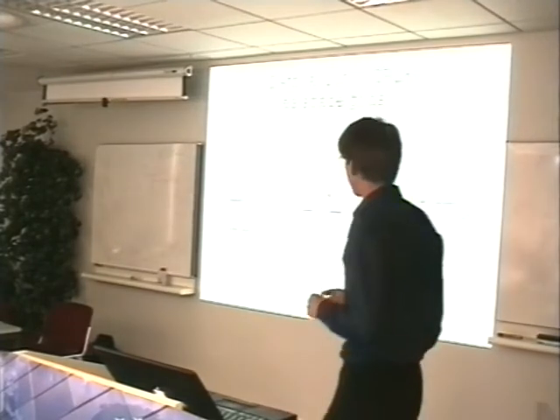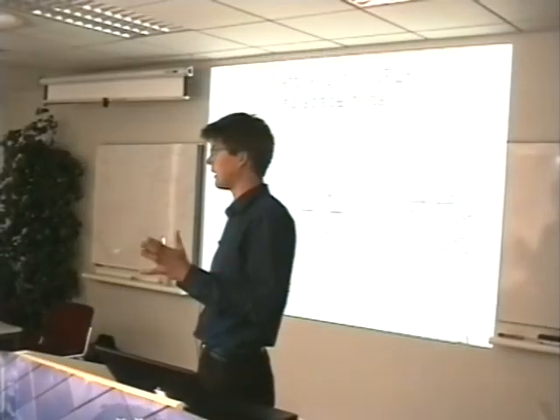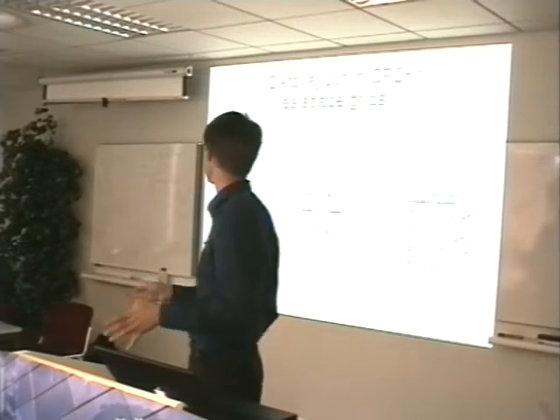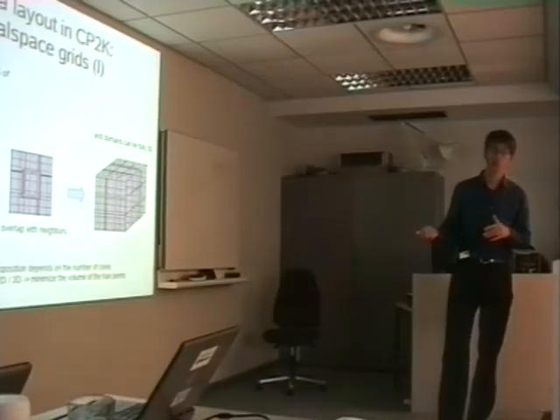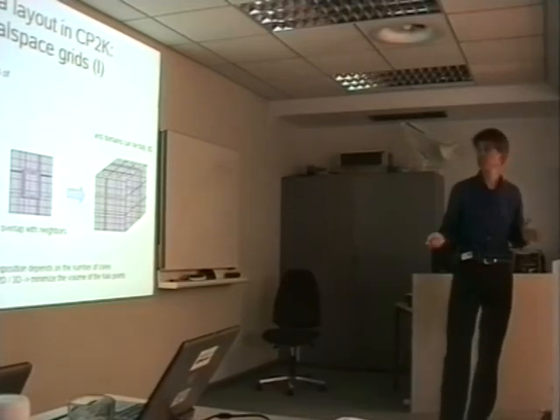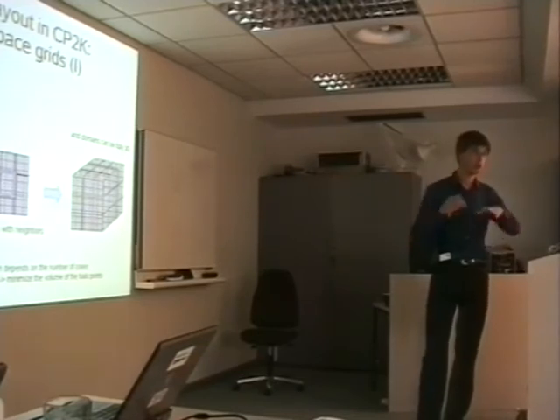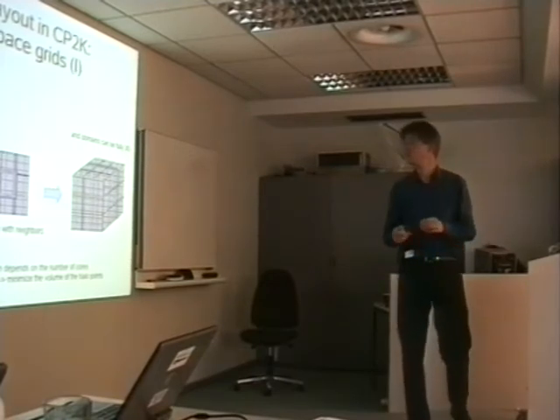The other thing we have is we have to map these Gaussian products locally. So for every Gaussian we have, we would like to be able to map it on the CPU in one single shot. So we also need a domain decomposition of our system. Each domain has a halo or ghost cells around it so that a diffuse Gaussian can be mapped fully locally.